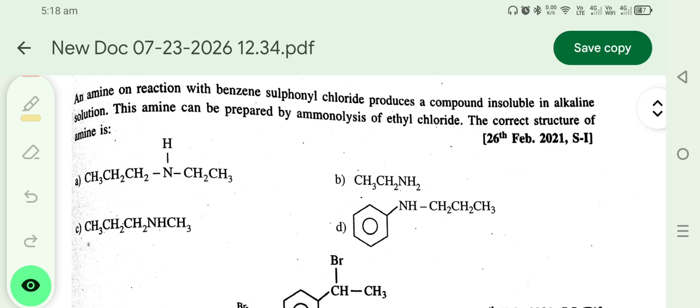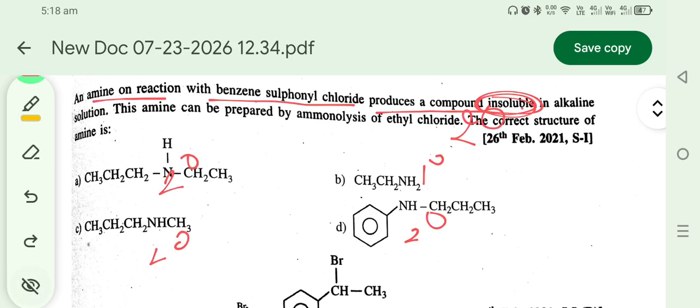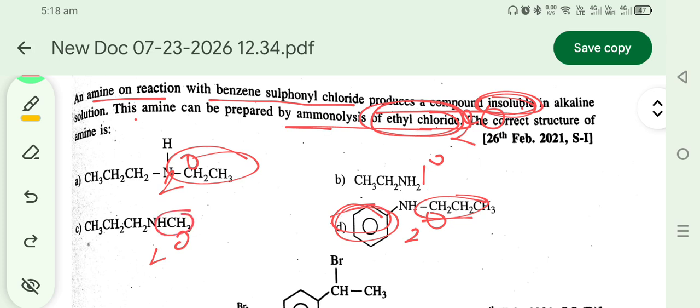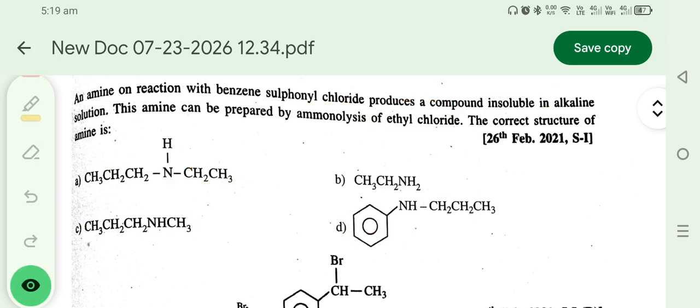This amine can be prepared by ammonolysis of ethyl chloride. Ammonolysis of ethyl chloride must give an ethylamine. There is no ethyl group in the other secondary amines; they are propyl, phenyl, and methyl. So it must have an ethyl group. Hence option 1 is the correct one.